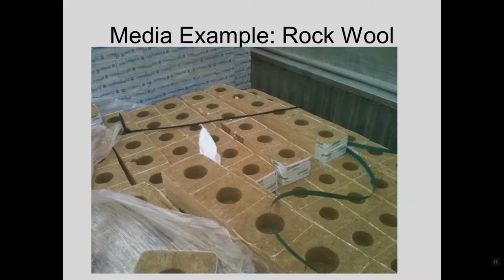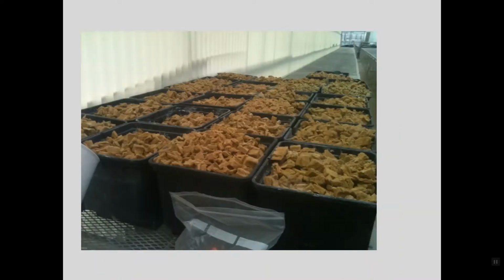So these things absorb water or nutrients, whatever you've got in your water. These rock wool pots will absorb the water and keep it around the plant. So this is a type of system that would be used in like a big production greenhouse for like cut flowers, where they'd grow them in these for a couple of years and get flowers off of the top, but be able to regulate them and not have to use soil.